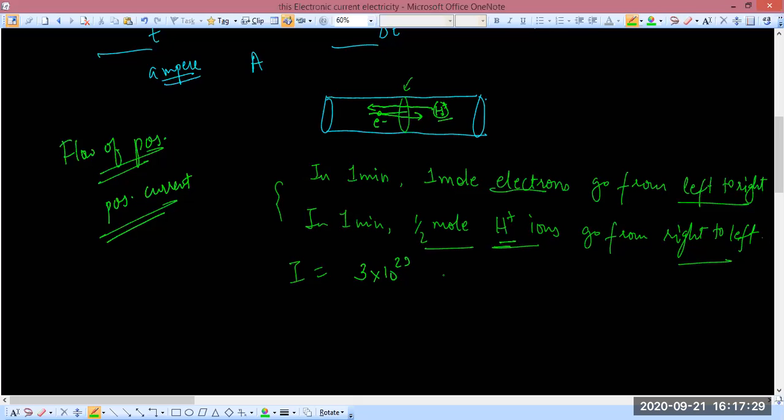And how much is the charge of 1 H plus ion? Come on, people. What is the charge of 1 H plus?